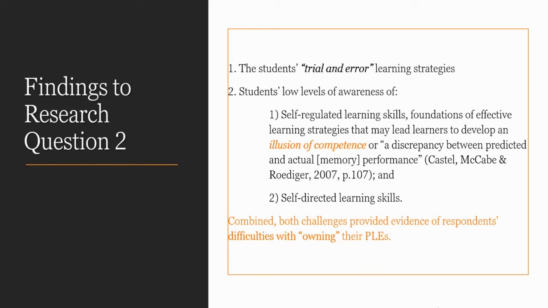And that's this phenomenon of illusion of competence. So that's the discrepancy between predicted and actual memory performance. Which is quite dangerous actually for students, because if they can keep going like that, they risk falling behind, because one day they will be in the unit which will require different learning strategies to be applied.